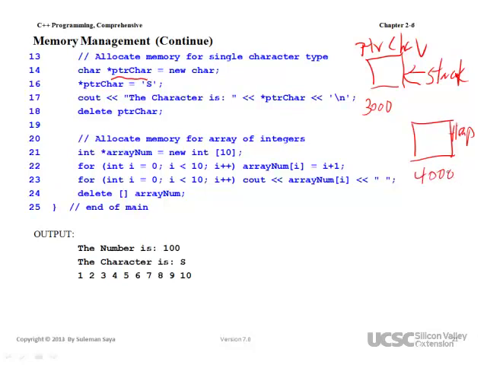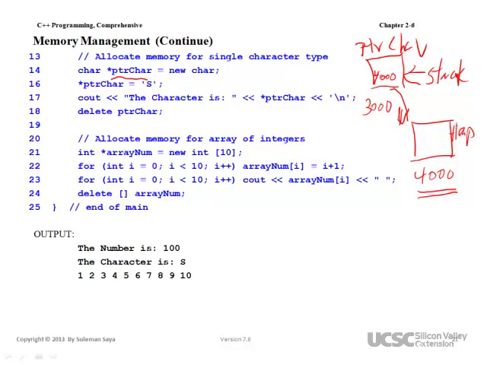So we'll just say it was allocated at address 4000, and then as we talked about in the last slide, the new operator's responsibility, after allocating the memory, is to pick up this address and assign that address to the pointer variable right here. Now this pointer variable is pointing to this allocated memory.